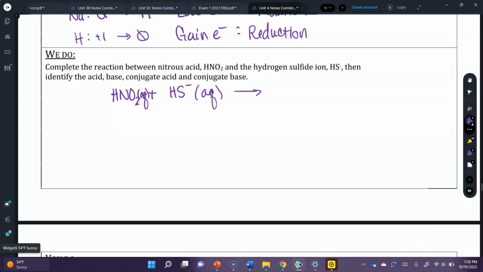So I can either give the hydrogen over here, or the HS, the hydrogen sulfide ion, can accept. Turns out that this is easier to move the hydrogen over here, because leading H, that means that this is an acid, and the acid says that it is a proton donor.